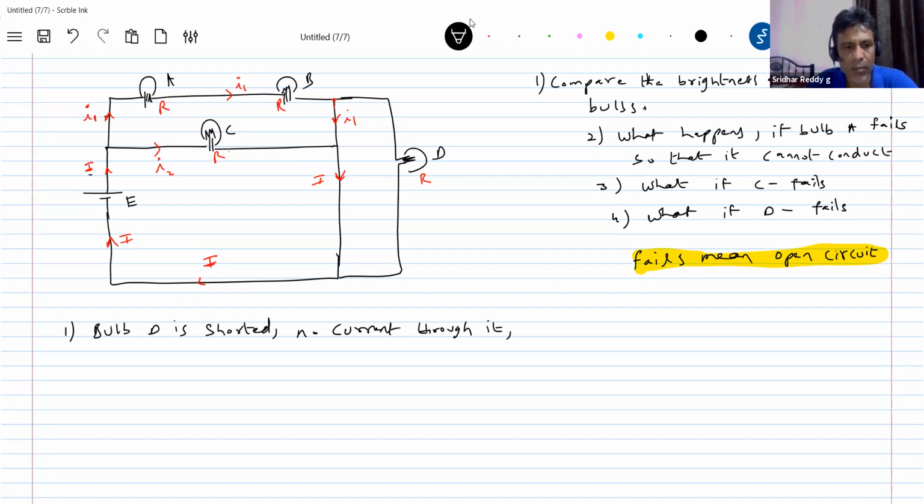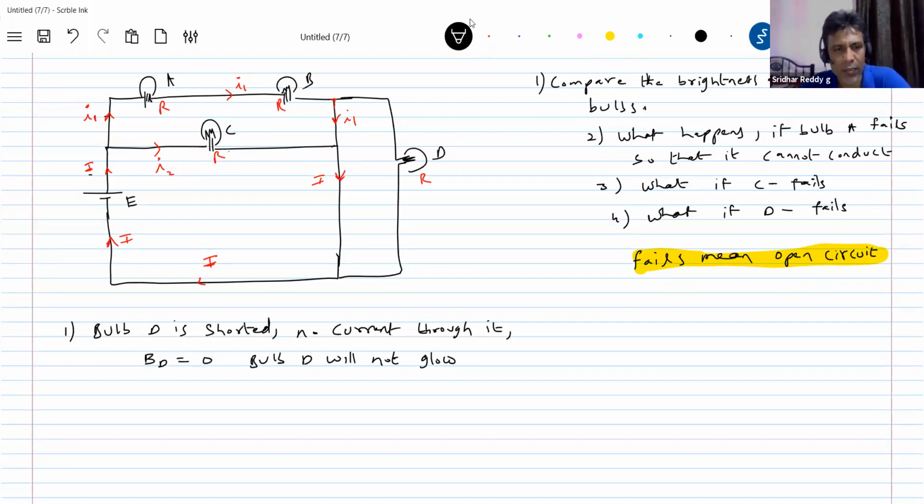So the brightness of bulb D is 0. It will not glow. B means brightness I'm taking.